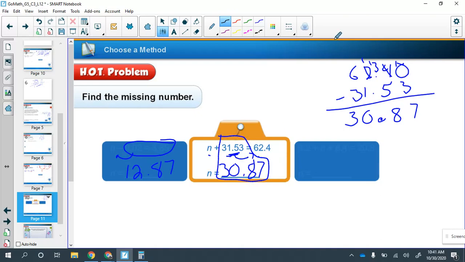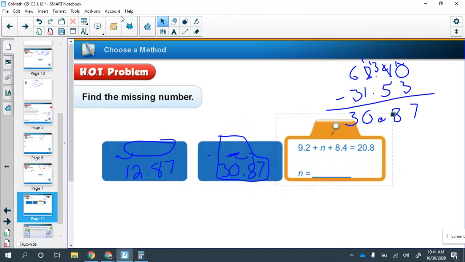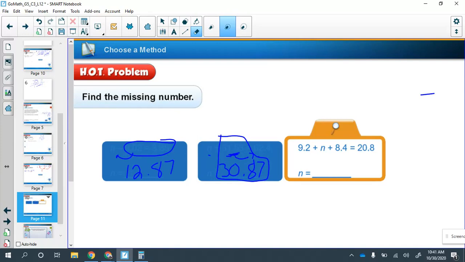All right, our last one is right here. I wanted to look at this one because it has 3 addends and they equal 20 and 8/10. So just quickly looking at how we solve this: I know that if I add all 3 of these together, it's going to equal this.